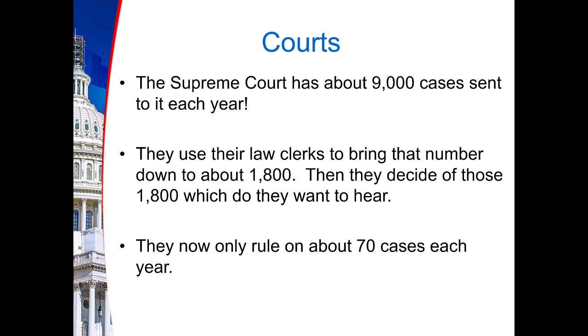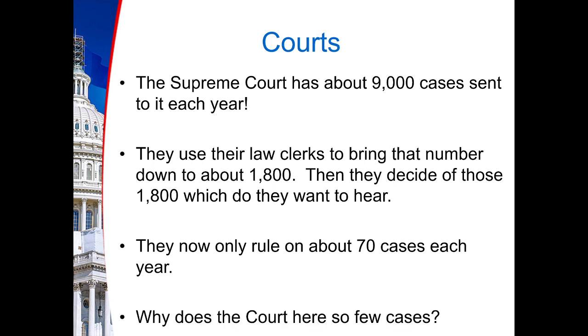There's not really much controversy in terms of what the decision should be based upon past Supreme Court decisions. And also the Supreme Court wants to make sure that its decisions are considered very important. And so by only selecting 70, they make sure that they establish a very solid precedent for all future cases that are being decided at the lower court level.